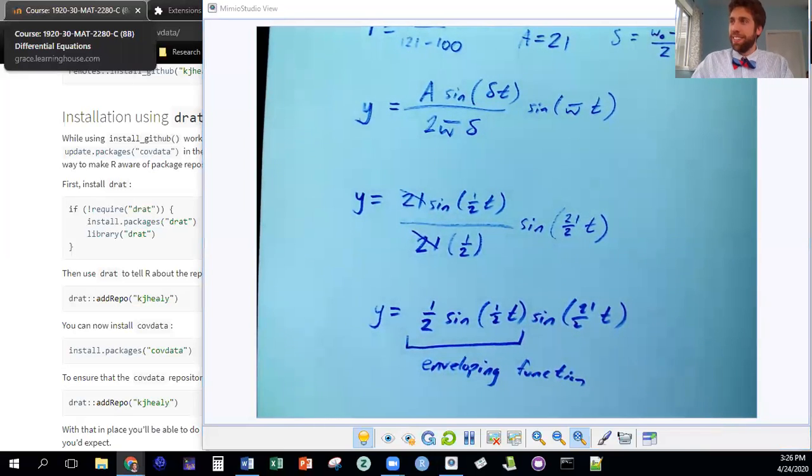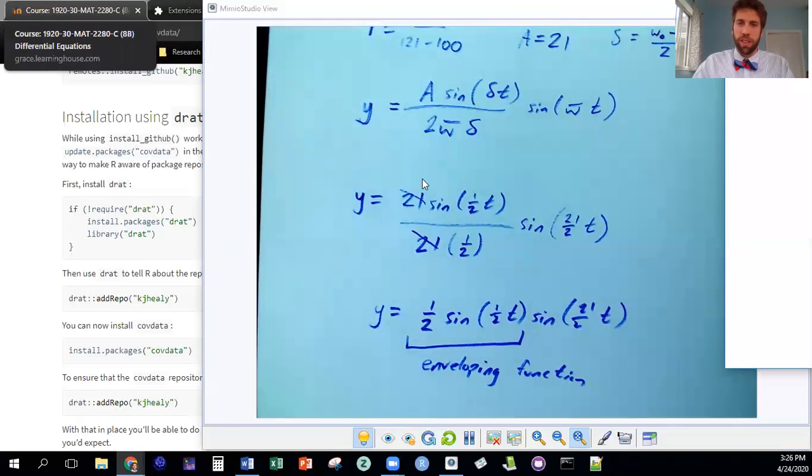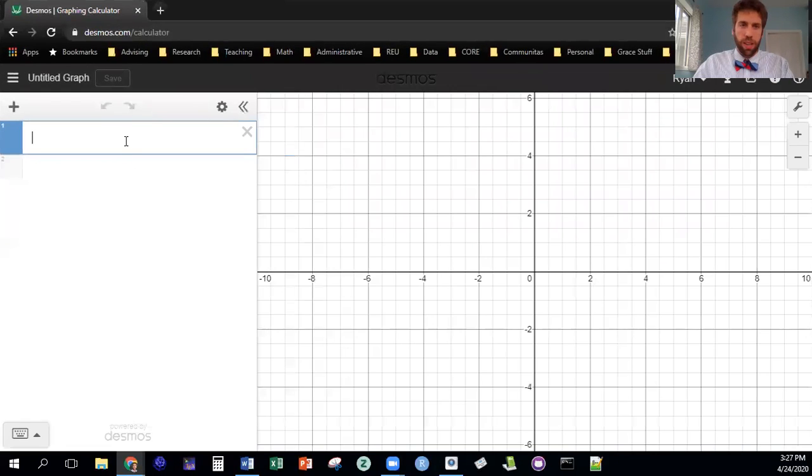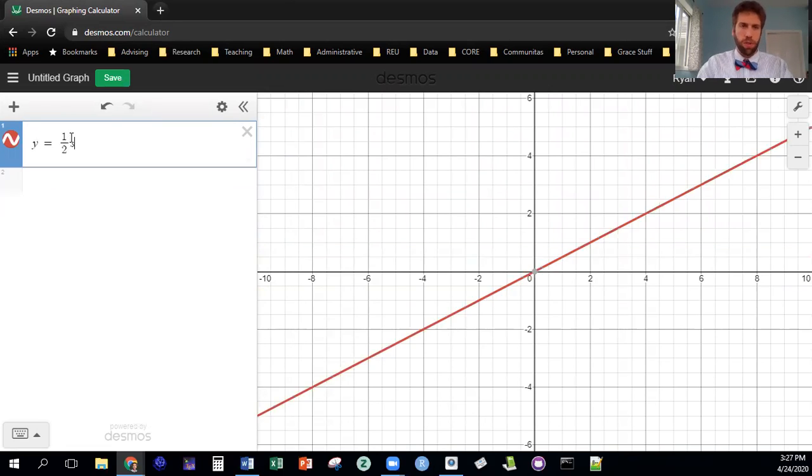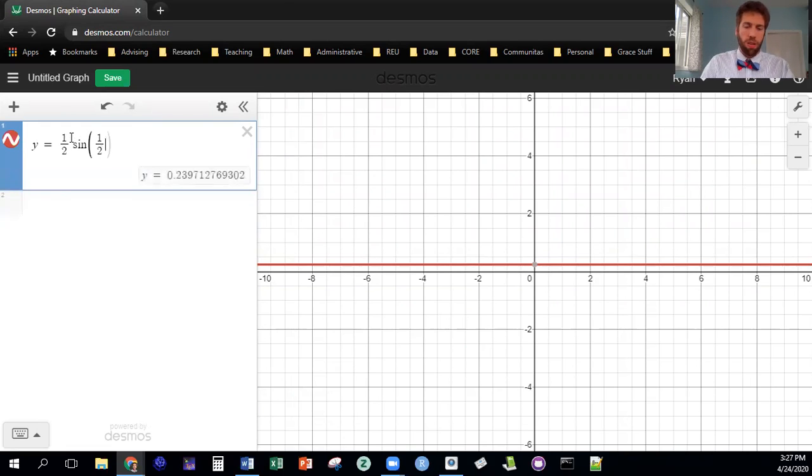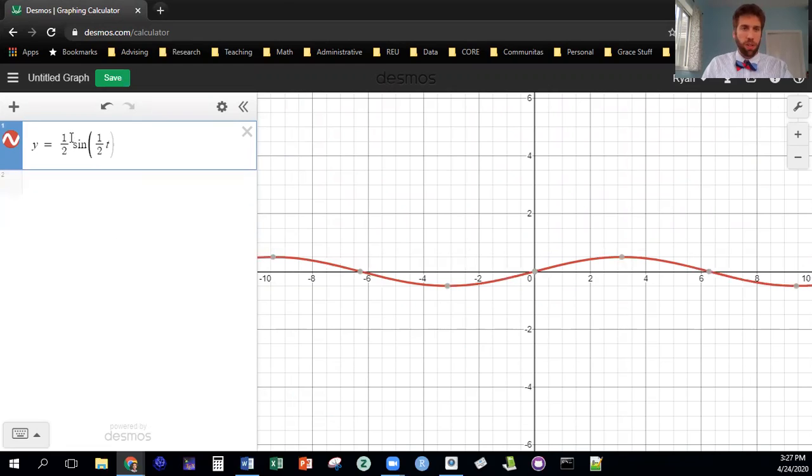So here comes the Desmos. Bring it on over, and move my head out of the way. We'll do y equals 1/2 times sine of 1/2 t. There's my enveloping function.